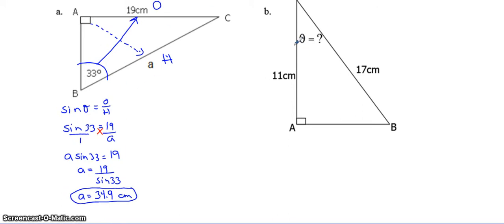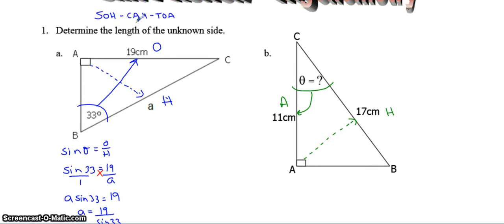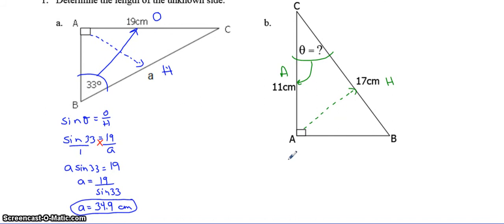To solve for an angle, it starts off the same way. Mark your reference angle. Label the two sides you know. So that side is the hypotenuse. This side here is the adjacent. So the formula that uses adjacent and hypotenuse is cosine. So cos theta is the adjacent, which is 11, over the hypotenuse, which is 17.